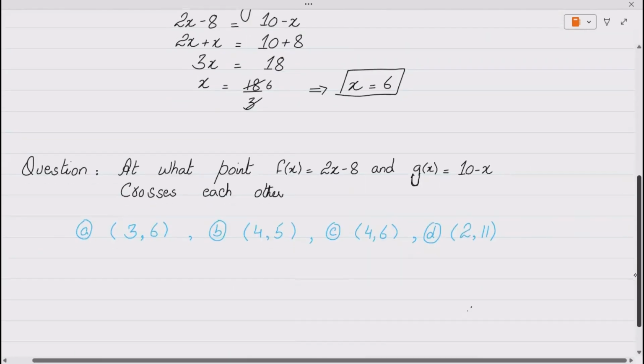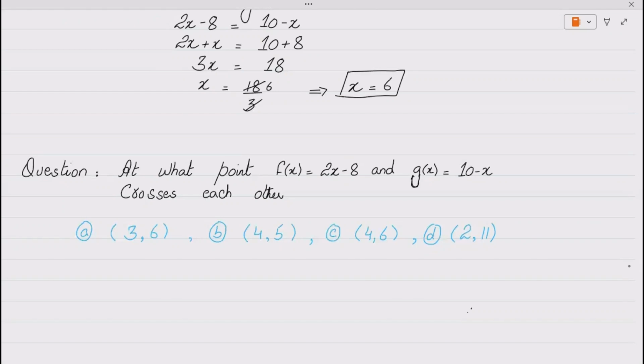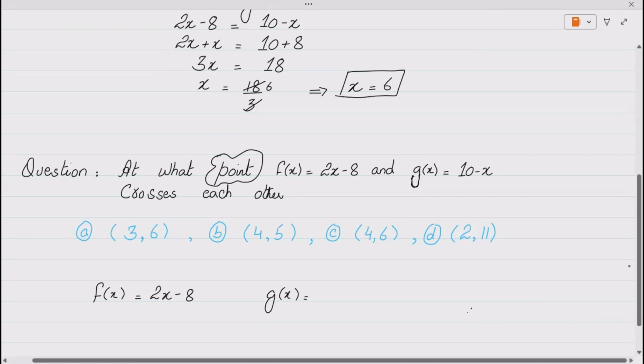In the below question, you can see we have to find the point. We have the functions f of x equals 2x minus 8, and likewise g of x equals 10 minus x.